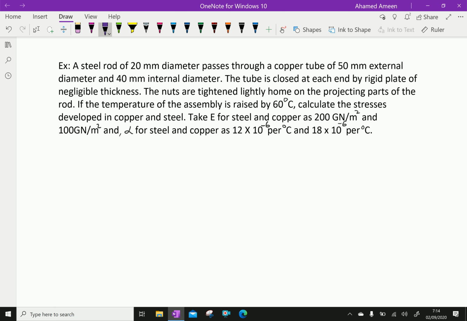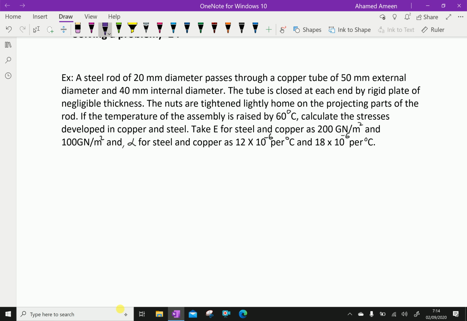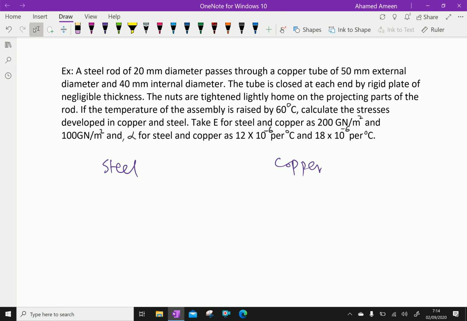Diameter of steel rod. Now we'll do this way. Here we'll write steel, here copper. Diameter of steel is 20 mm.